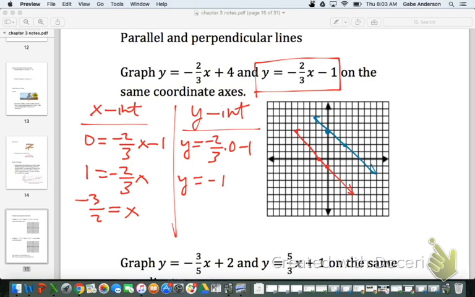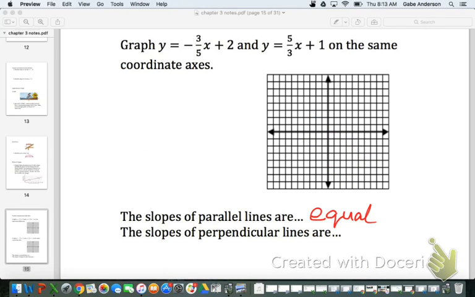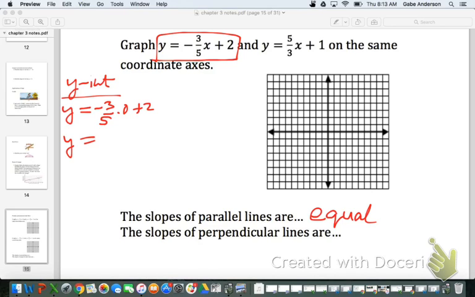Okay, let's go through this next one. I'll try to graph these as quickly as we can. Maybe I'll do intercepts on these, a pretty quick and easy way. For the red line, the y-intercept would be y equals negative 3/5 times 0 plus 2, so I'm getting a y-intercept of 2.